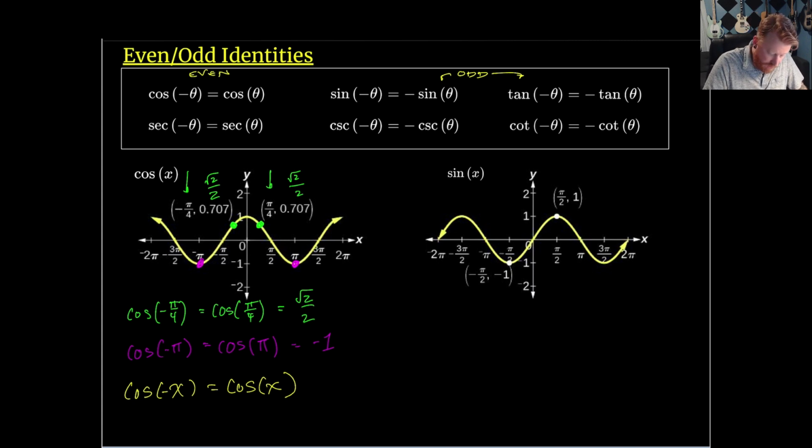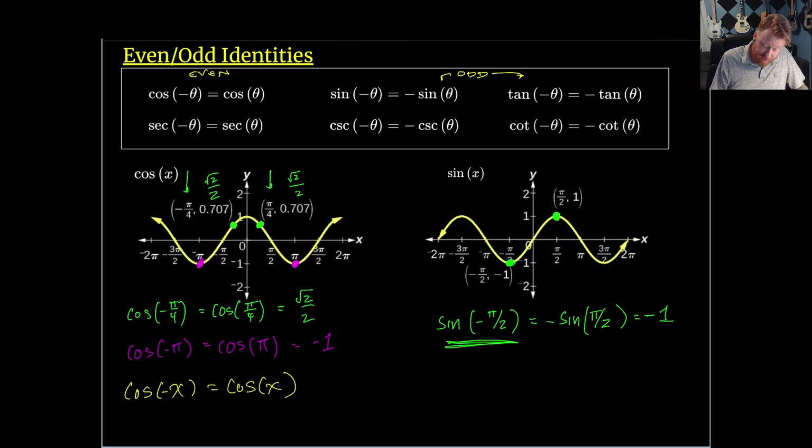from its graph. So if we take a look here at the labeled values, we've got negative pi over 2 being at negative 1, and pi over 2 being at positive 1. So if we take a look here, what's going on is we've got the sine of negative pi over 2 is equal to the negative sine of pi over 2, which would be negative 1 in both cases there.